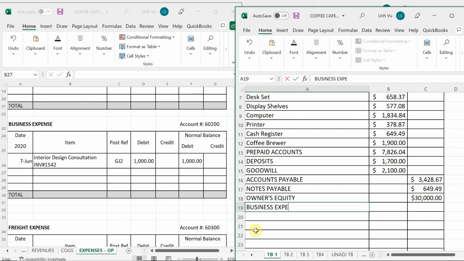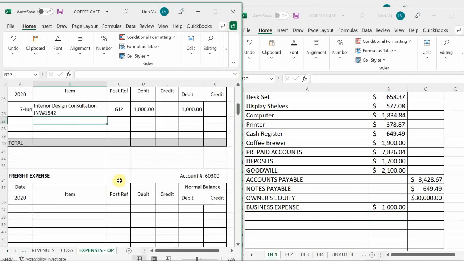So, how much is my balance in my business expense account? $1,000.